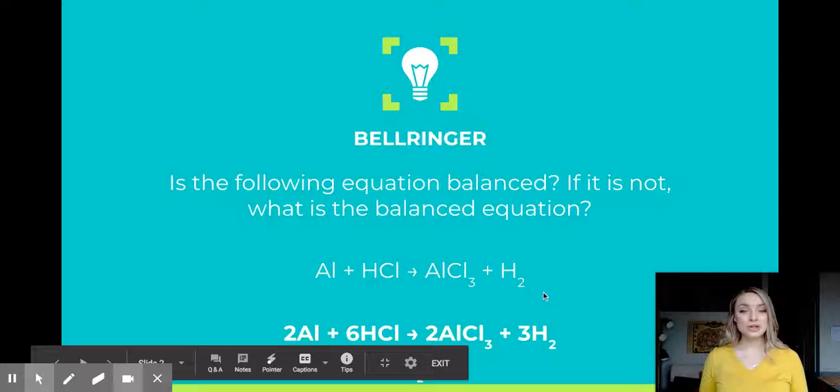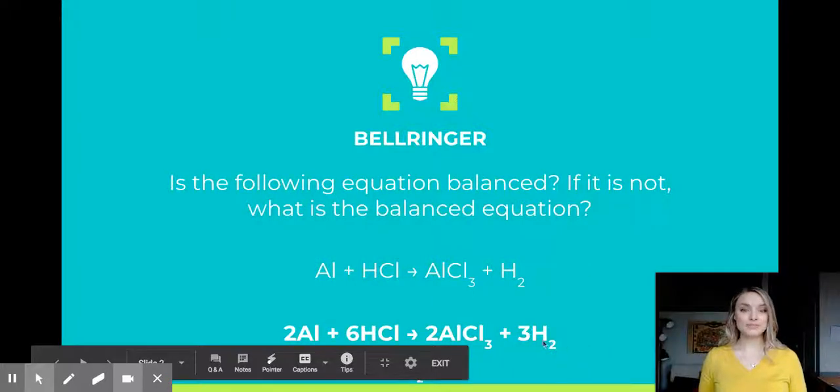And if we start by manipulating the coefficients, so the numbers in front of all of our different elements and compounds, then we can eventually work out that we need 2 aluminum, 6 hydrochloric acid, 2 aluminum chlorides, and 3 hydrogens.